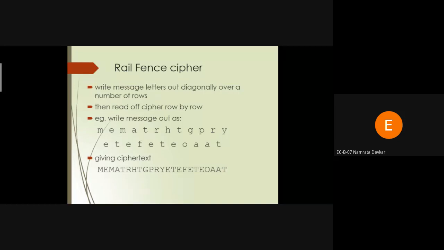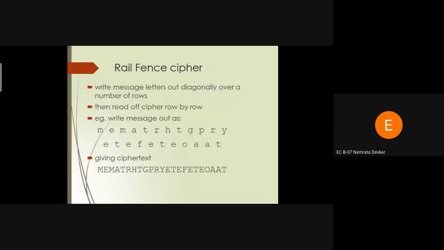Now we have to write the cipher text for this particular message. How to write it? We have to consider row 1 and row 2. The first letter in row 1 is M, so we write M here.